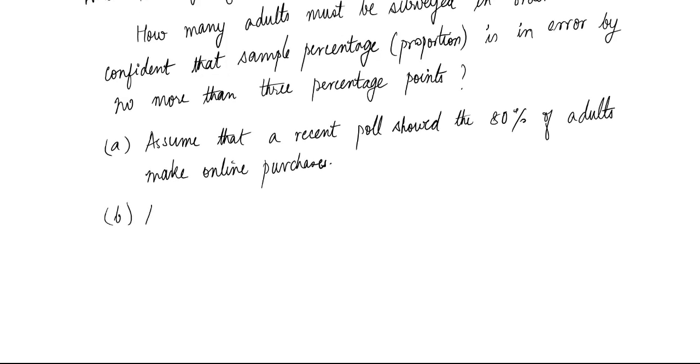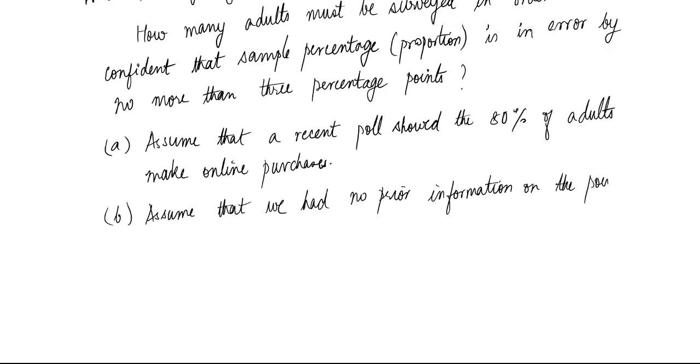Then B is that assume we had no prior information on this point estimate. So we have these two conditions.